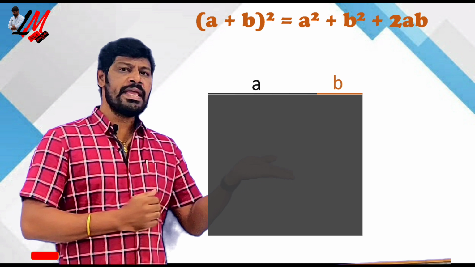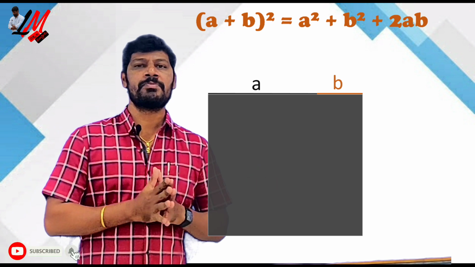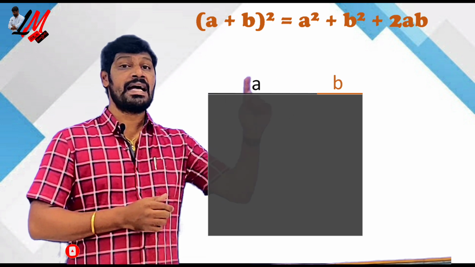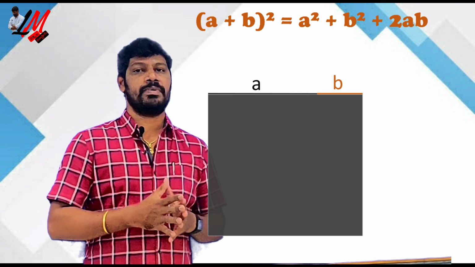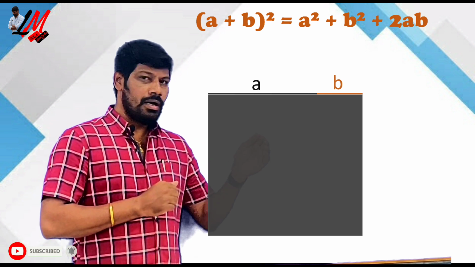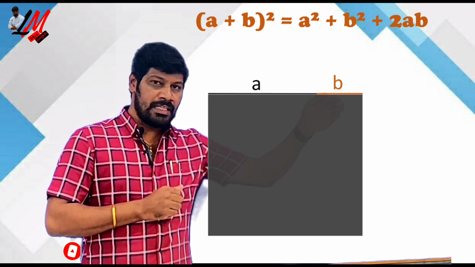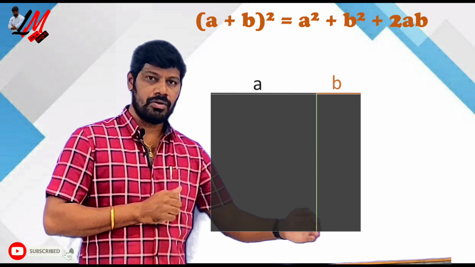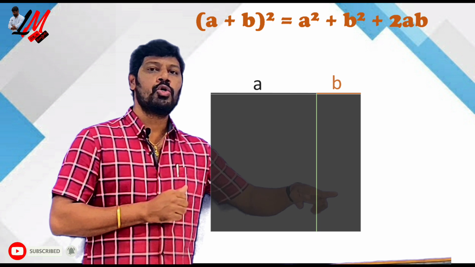Then what is the area of this square? Simply, (a + b)². So you can understand (a + b)² geometrically as a square whose side is a + b. Now in this figure, from the point where length a finishes, let me drop a perpendicular. The entire square is divided into two rectangles.